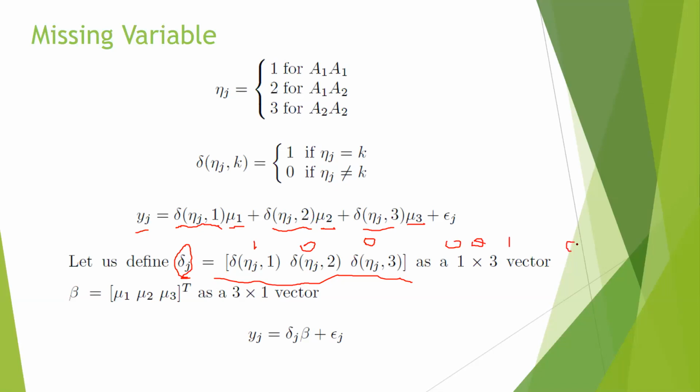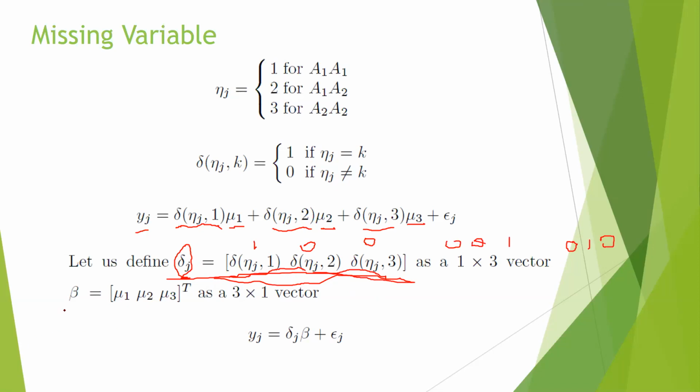Another individual, probably we will have 1, 0, 1, right? Something like this. And this is the variable we're going to use. Remember, here we assume we knew these numbers, but later on we're going to see, if we do not know this information, how can we still analyze this data to get the MLE?